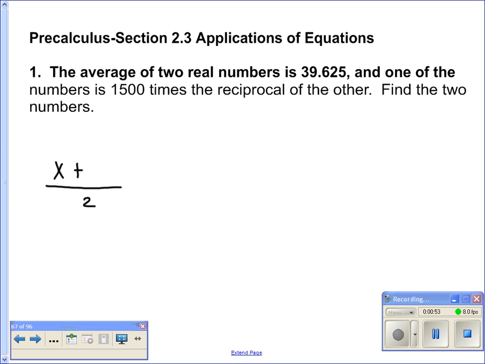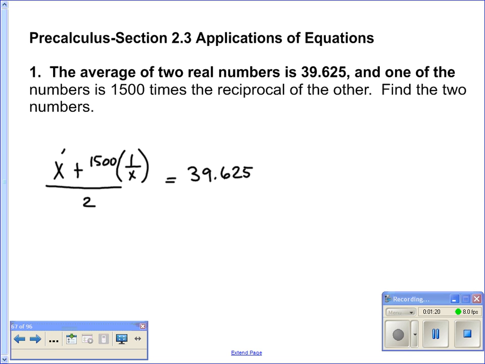Okay, so this would be the reciprocal of this guy here. So now we have that. All right, and it says the average is equal to 39.625. Okay, so now we have that equation set up.